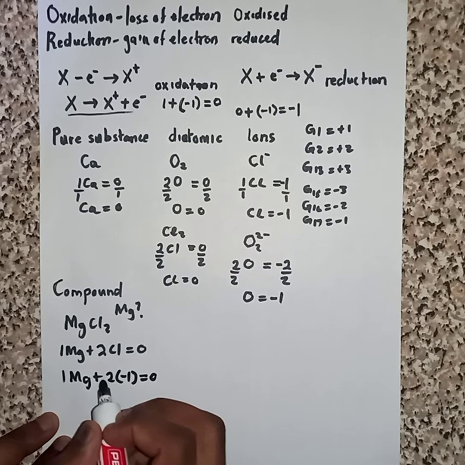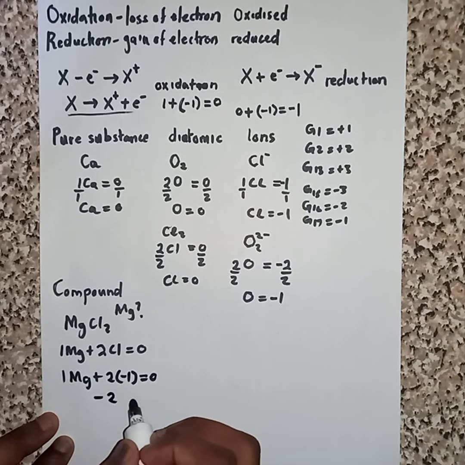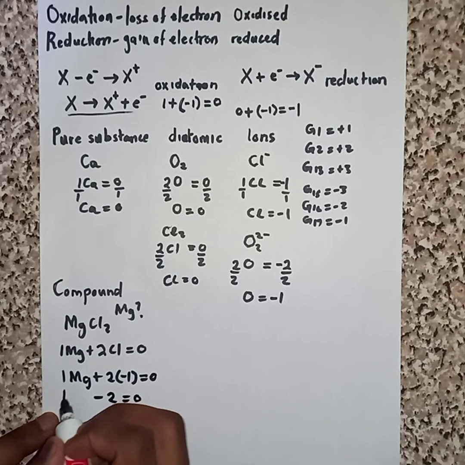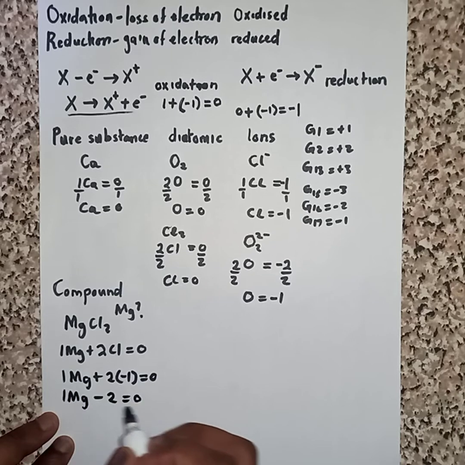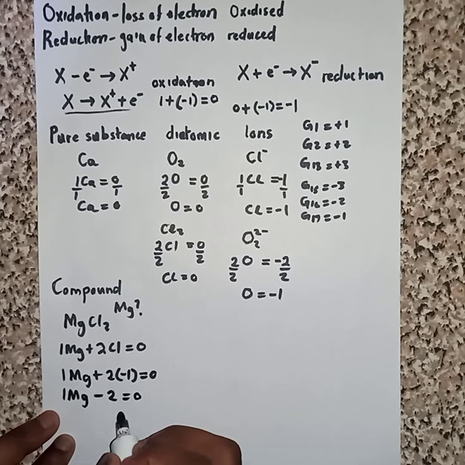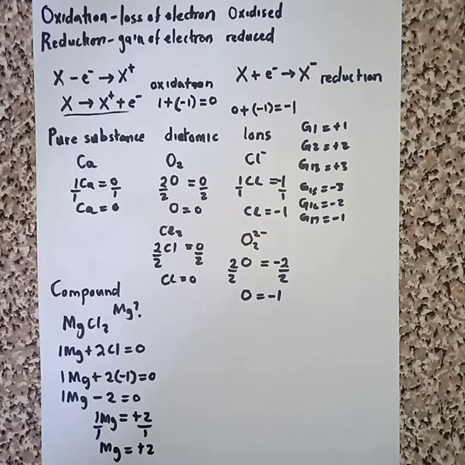Solving this, we get 1 Mg minus 2 equals 0. Take the 2 to the right-hand side, it's plus 2. Then we get 1 Mg equals plus 2. Divide by 1 on both sides, we get Mg equals plus 2. So the oxidation number of Mg is plus 2 in this compound.